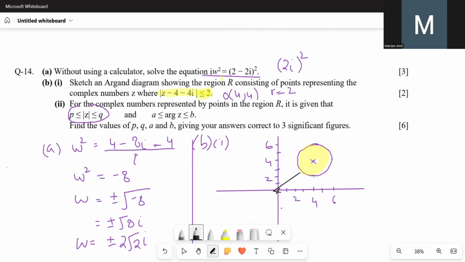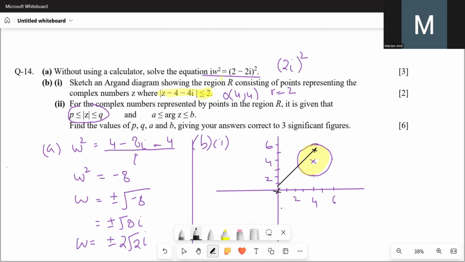So this would be the modulus for the center of the circle. And if we choose a point here, this would be the modulus for that point. And if we choose a point here, then this is the modulus for this point.